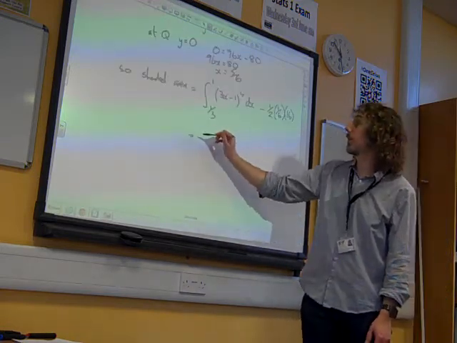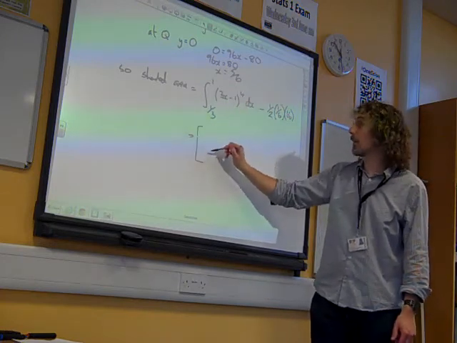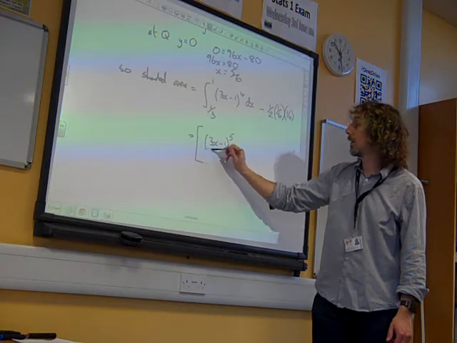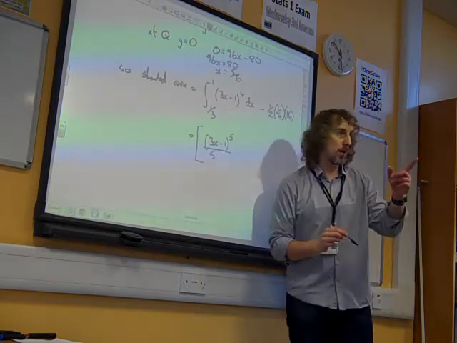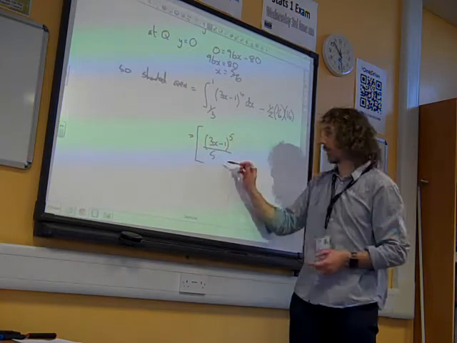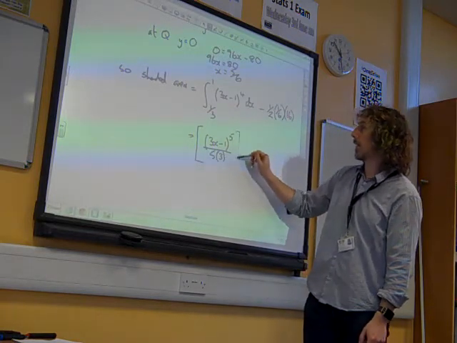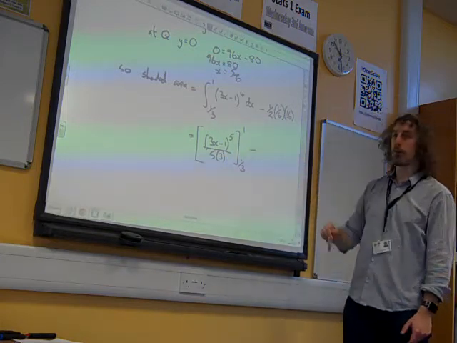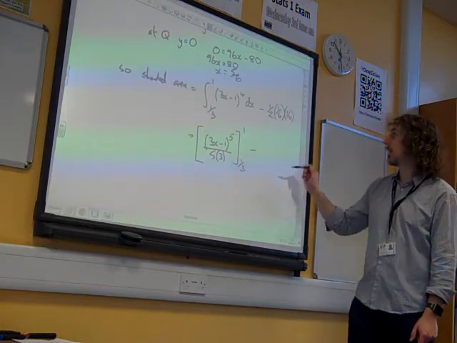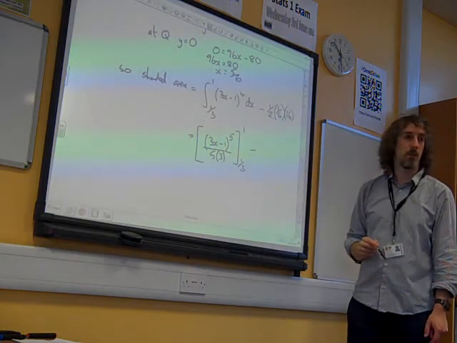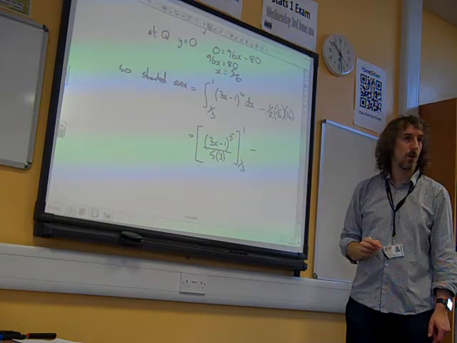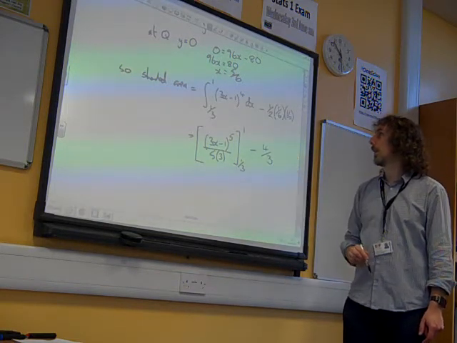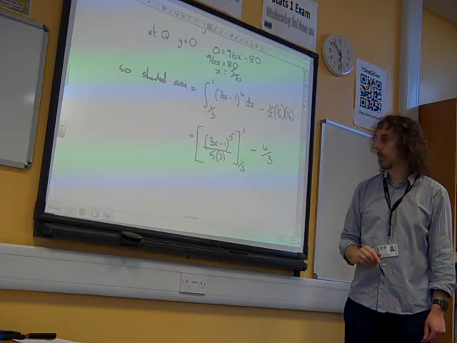There we go. So integrating, this would be add 1 to the power, divide by the new power. But we've also got to divide by the coefficient of x there as well, haven't we? So that's (3x - 1)^5 over 5 times 3, between 1/3 and 1. And from this answer we are taking away 16 over 12, which is 4 over 3. Like that, I think.